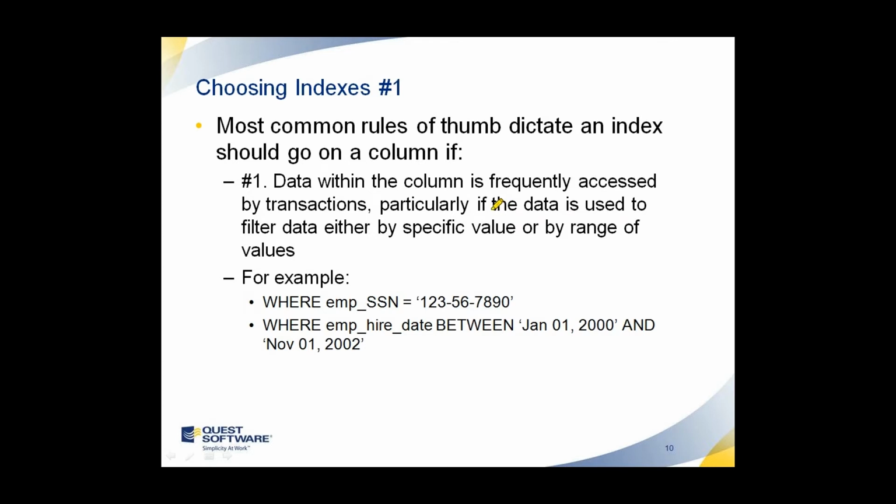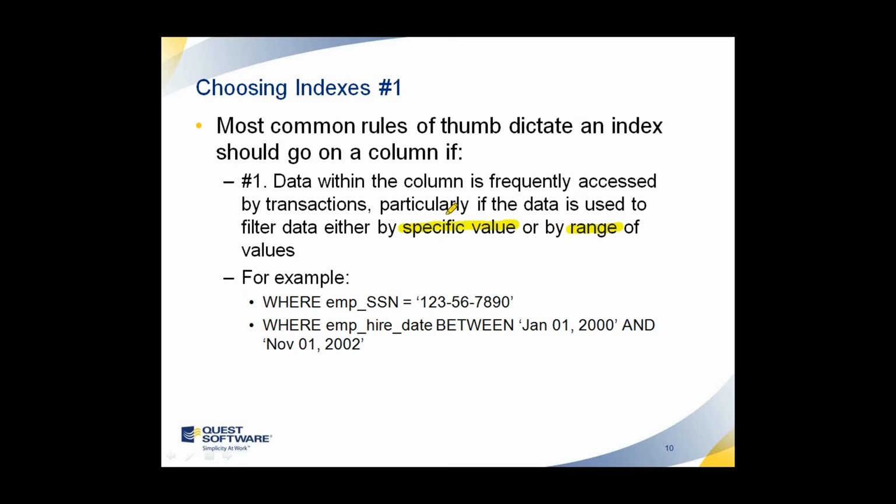So in the example of something like a phone book, the simplest table of all, we look up things quite frequently by, let's say, the name of the business or the name of the person. That is going to be a great way because we are looking for either a specific value or a range of values. So that would be great for an index.